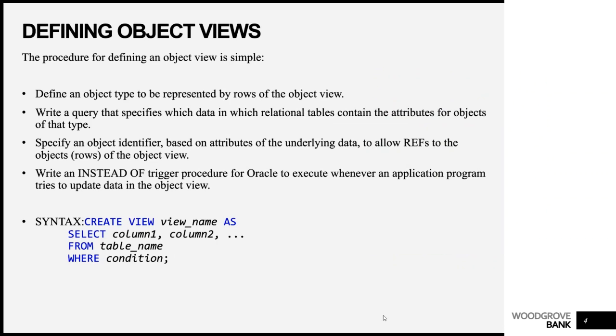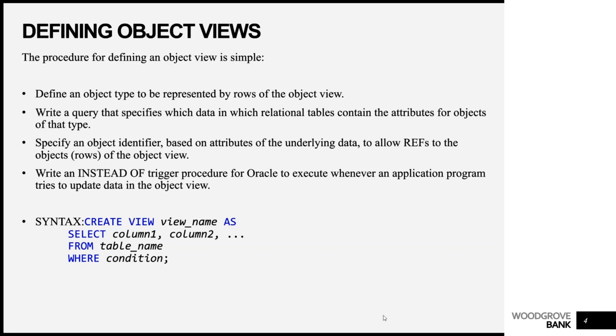Now, how do you define an object view? Well, to define an object view, we first define an object type that the object view rows are going to represent. And then we write an SQL query for the function you want to perform on the data.